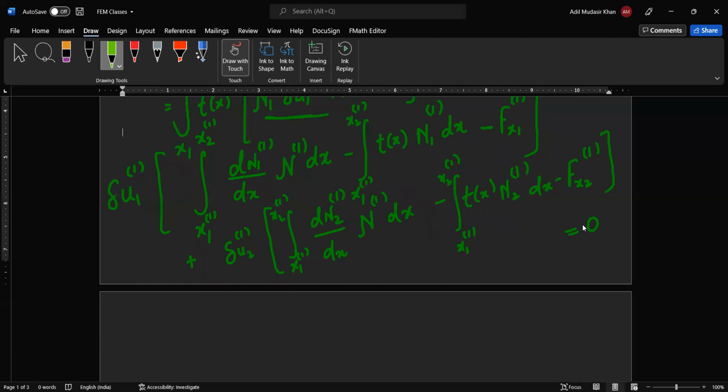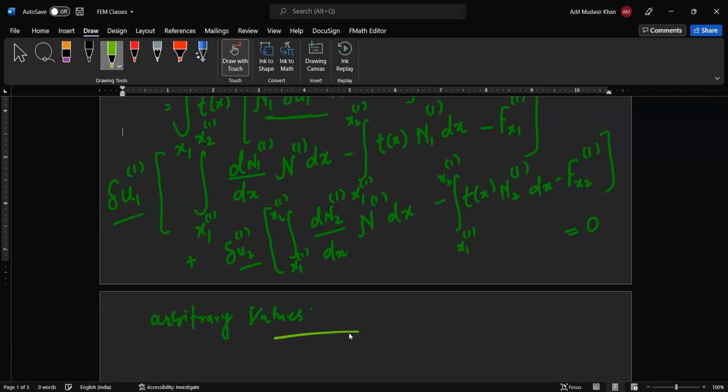Okay, so if we take all the terms on the left hand side, we'll get it like this. Now since we have the terms del u1 and del u2, they are arbitrary functions, arbitrary values.